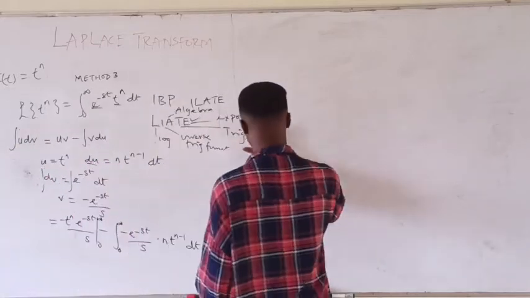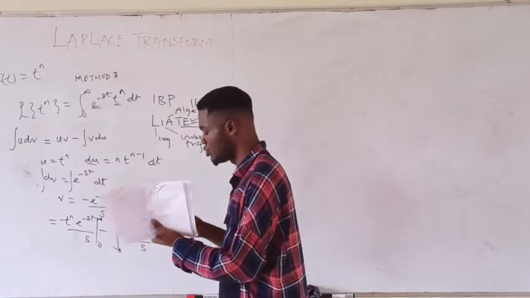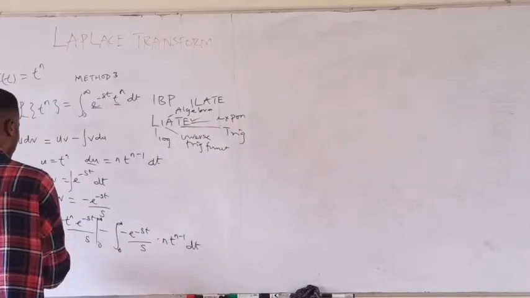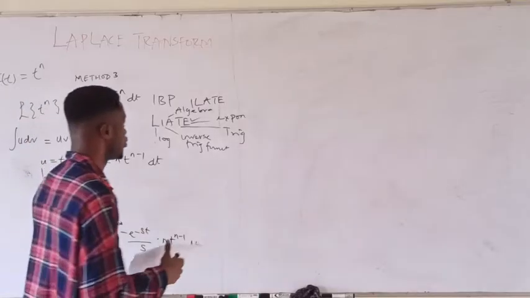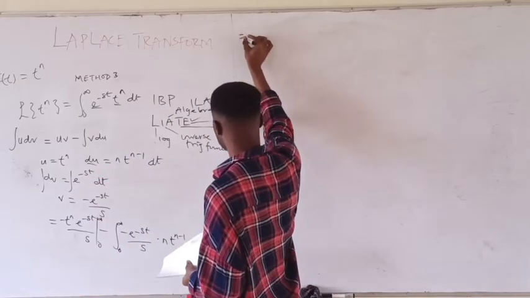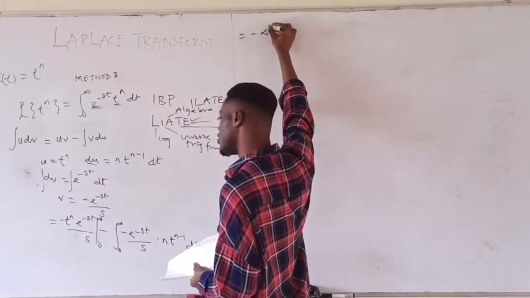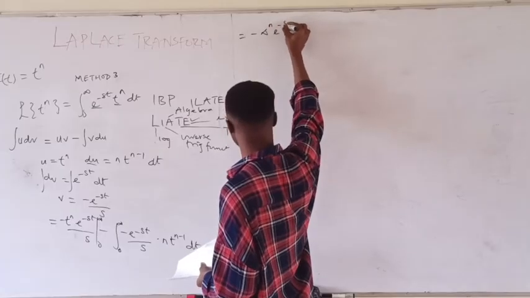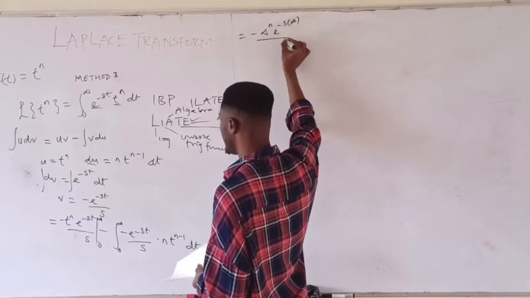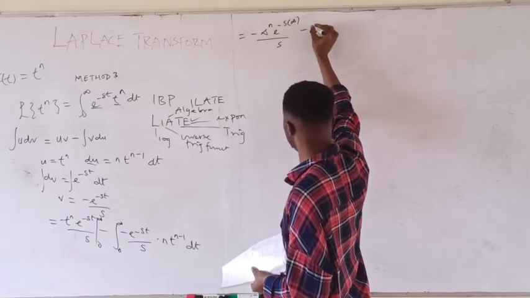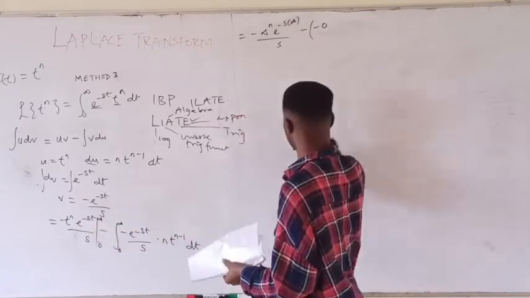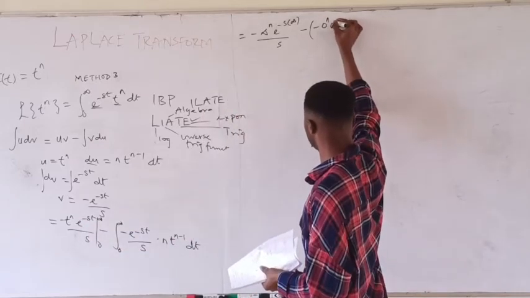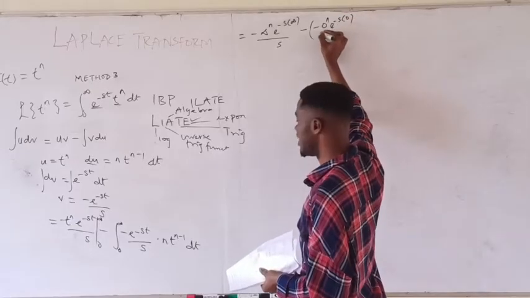So let's continue. Now, if I put the value of infinity into this and 0 into this, what I'm going to have is minus infinity raised to the power of n exponential of minus s into infinity divided by s, minus 0, I'm now inputting 0, minus 0 raised to the power of n exponential of minus s into 0 divided by s as well.